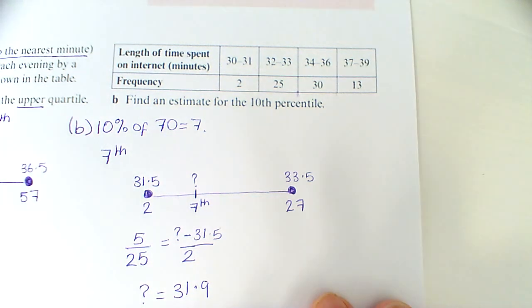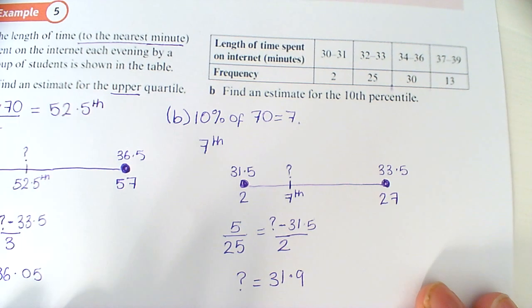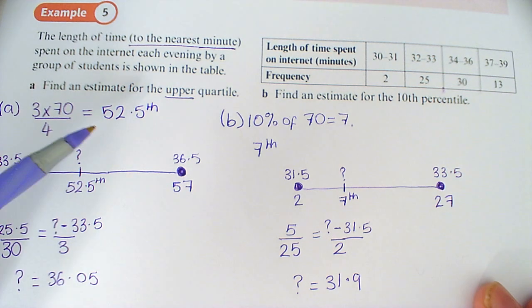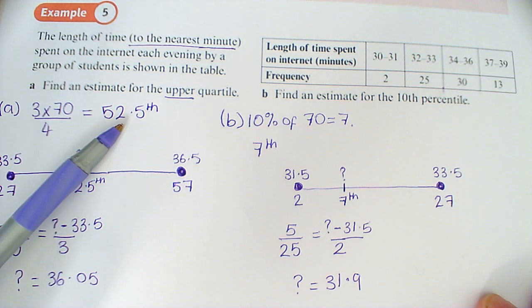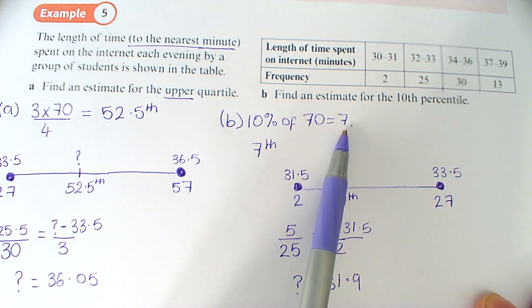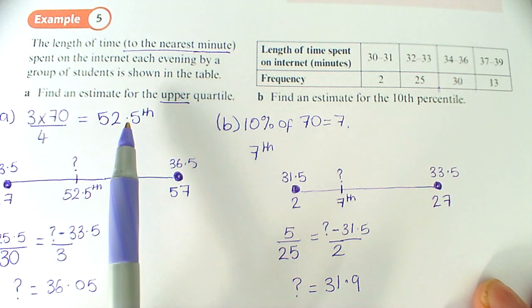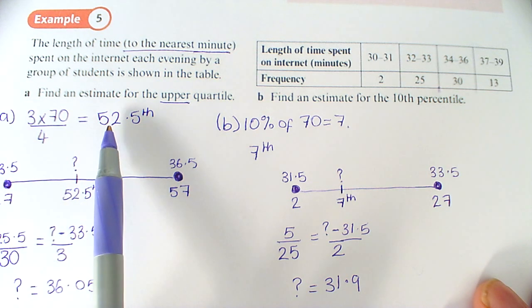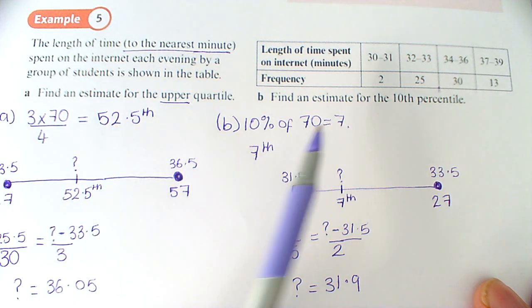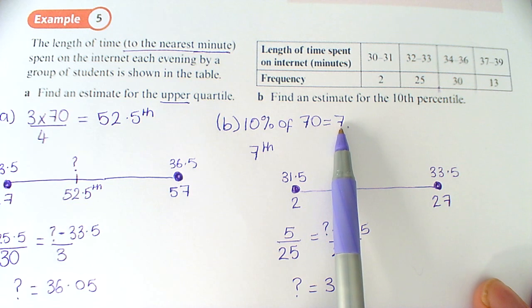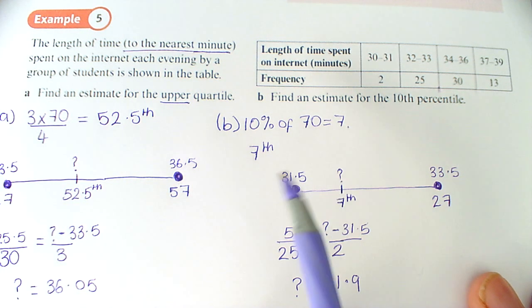Now I imagine some of you may be confused about why we're using the 25.5th bit of data here and the 7th bit of data here, even though the rules from the last example told us we'd need to round up and use the 53rd, and for this one use between the 7th and the 8th.